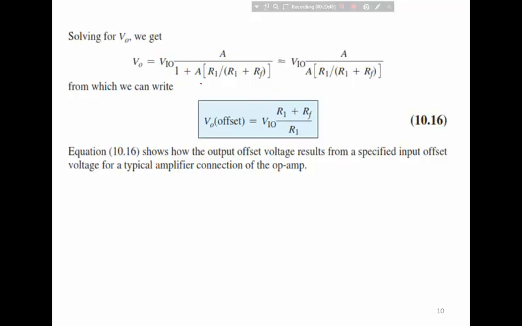And from this expression, if A is very large, then this large value is multiplied by this factor, and this term will be very large compared to 1, so the 1 can be ignored, and this A is cancelled with this A. The resulting output offset voltage is the input offset voltage times R1 plus RF divided by R1, which is 1 plus RF by R1.